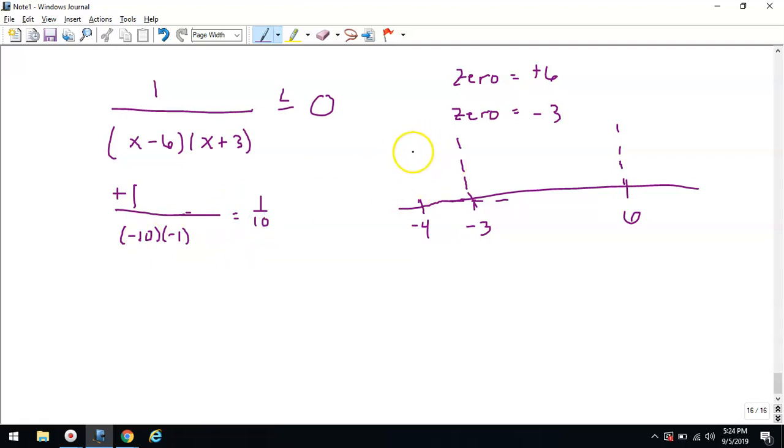So this does not meet our criteria because f of x is going to be greater than 0.